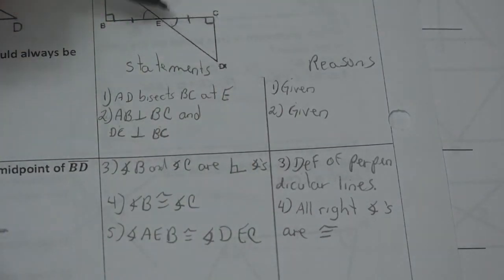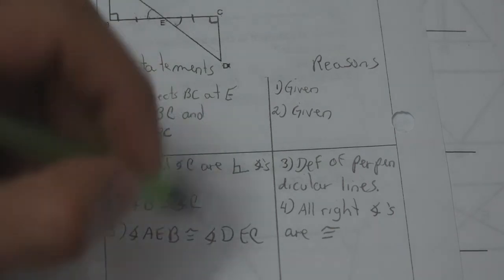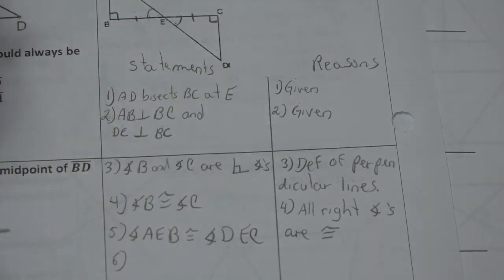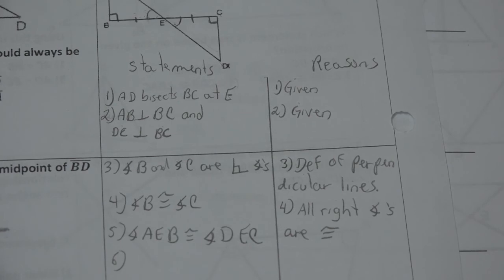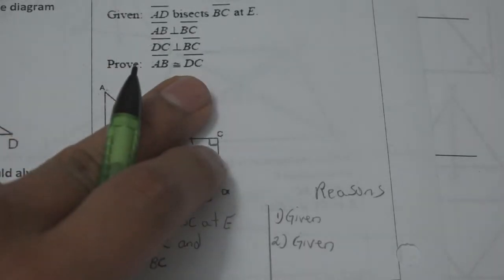This angle and these angles are congruent. I think I have enough proof to say that these two triangles are congruent. So I'm gonna go right ahead and do that. Remember, that's not what I'm proving. What I'm trying to prove is that AB is congruent to DC.